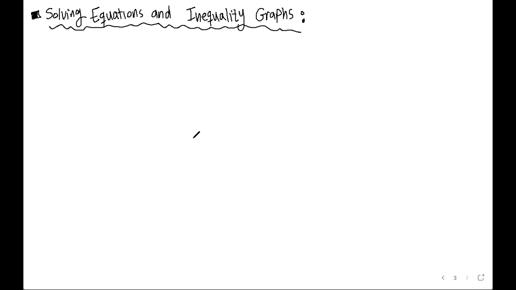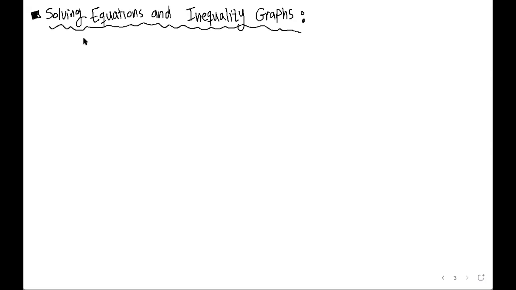Let me give you the definition of how we can solve the equation from the graphs and how we can solve the inequality from the graphs. So how can we find the solution from the graph? By using this definition.